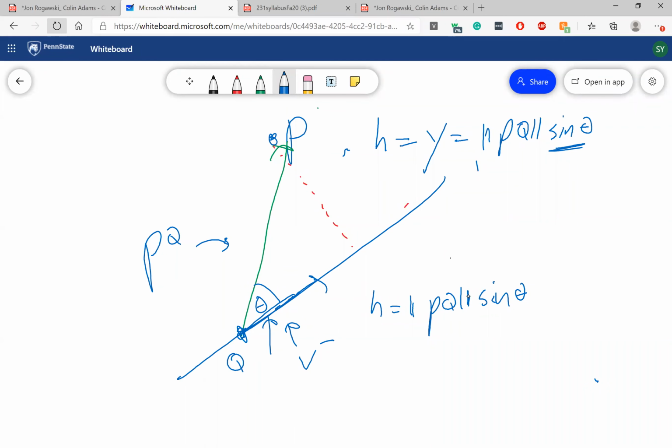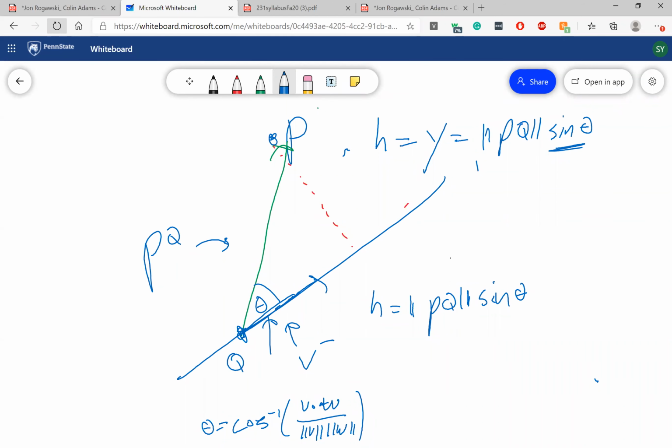And sometimes you would want to find theta, and you can find theta with the equation theta is equal to cosine inverse of v dotted with w over the magnitude of v times the magnitude of w.